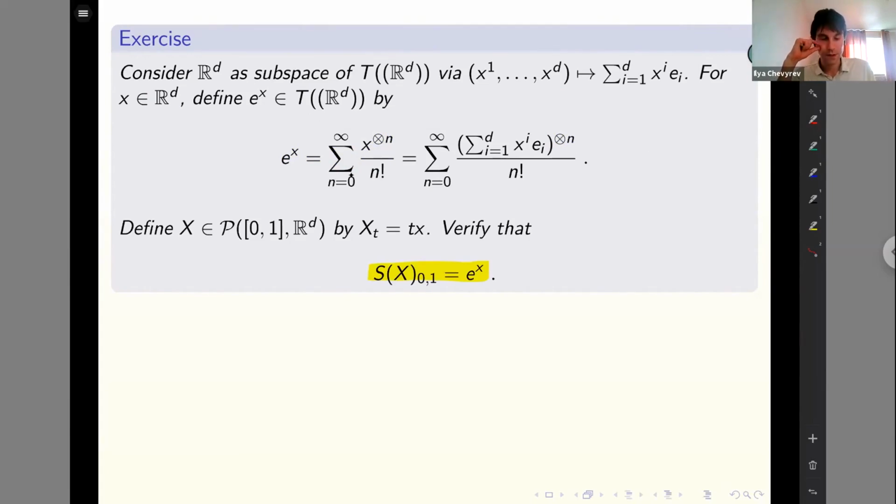This is more or less the same exercise that we saw earlier when we saw that the signature generalized polynomials. So this is a matter of fitting the definitions together. But now we see a very elegant way to write down what the signature of a straight line is.